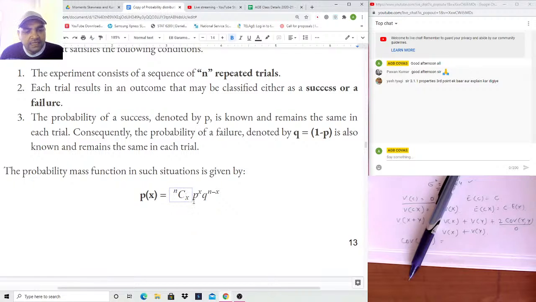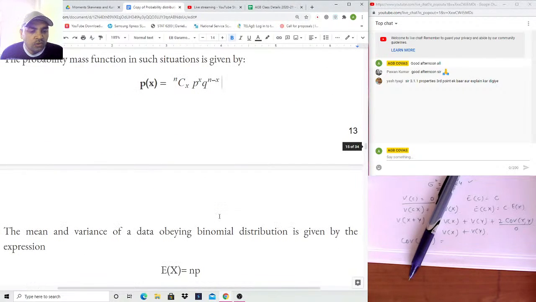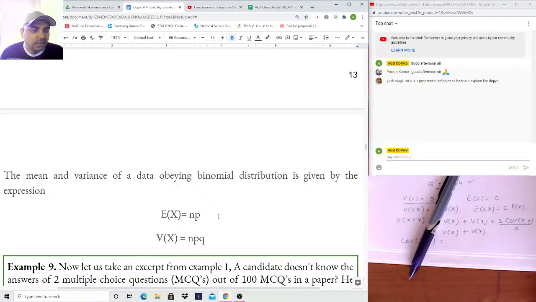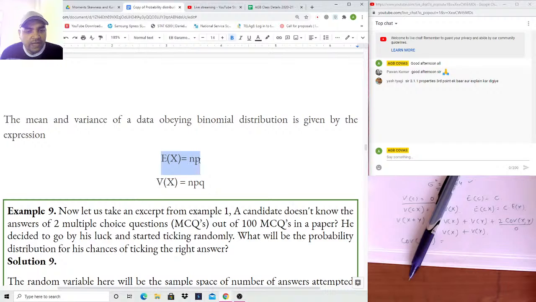For now you should learn this formula, and then we will see how to apply it. There are two more things about the binomial distribution. What are those things? The mean and variance of data obeying a binomial distribution are given by E(x) equal to np and variance equal to npq.